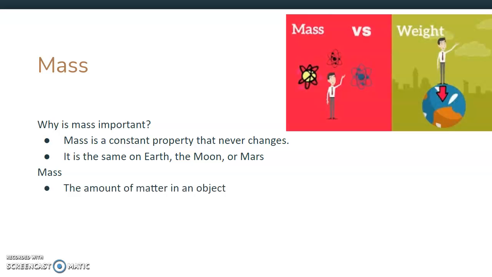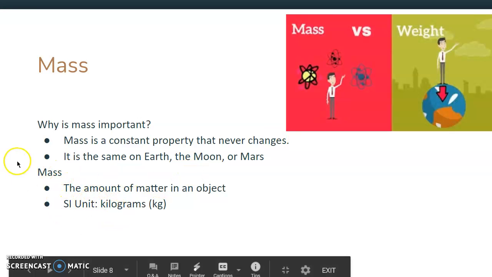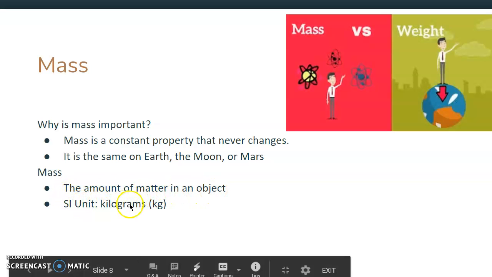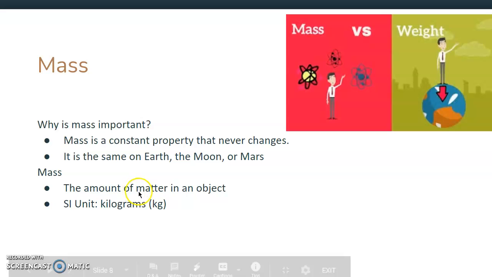But our mass is the amount of matter in an object, and its SI unit is kilograms. Sorry, I should have underlined this last little part where it says mass, the amount of matter in an object, and our SI unit is kilograms, or kg. So that is what our mass is. It's the amount of matter.